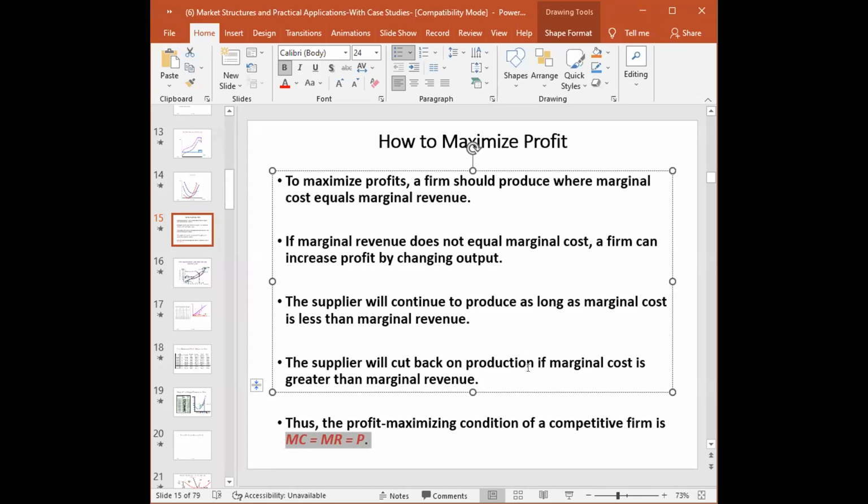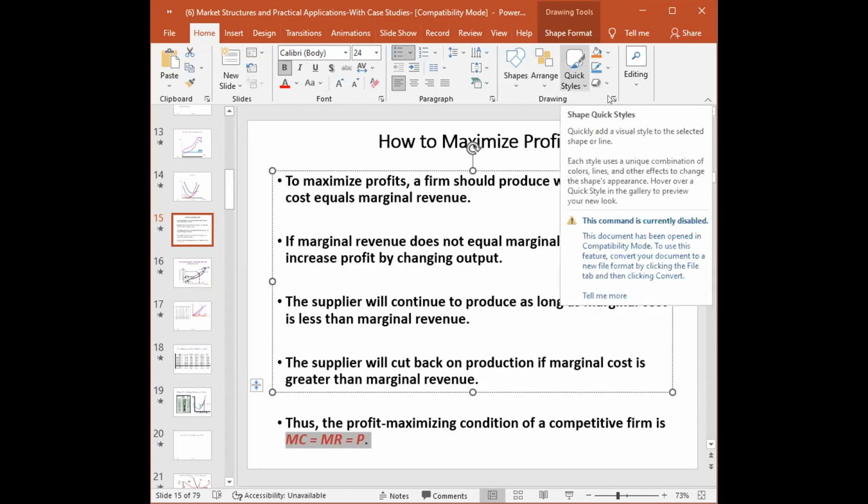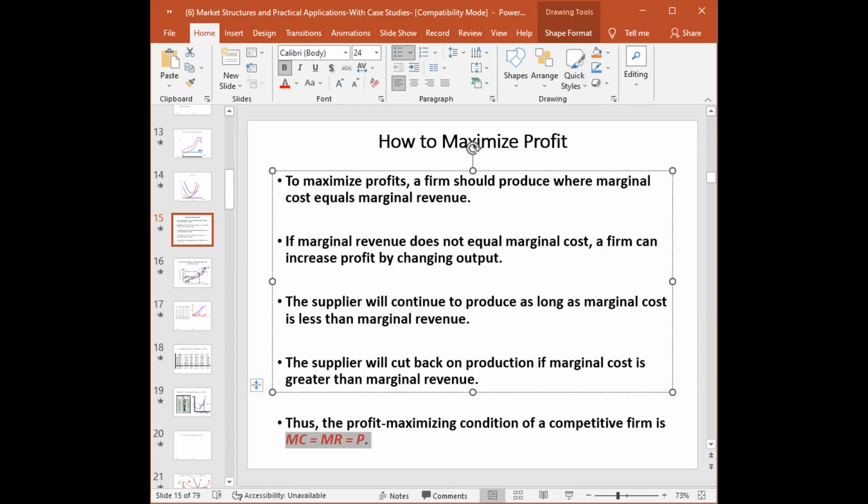Yes? Tell me your answer. Since the price is given in this market, if the company wants to maximize its profit, the additional revenue that it expects to earn from selling one additional unit should be equal to the additional cost that the producer incurs.